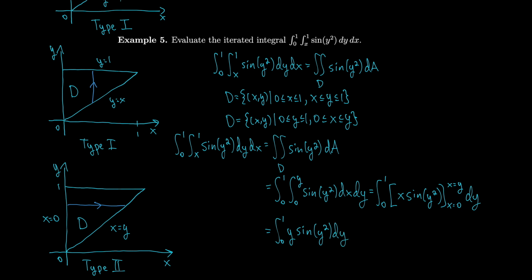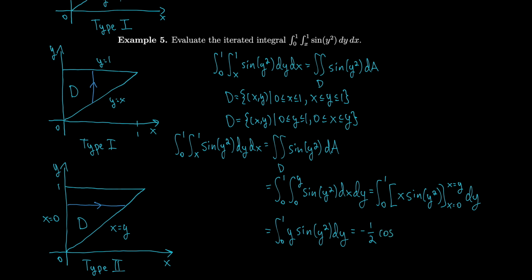But at this point, you're probably saying again, trying to catch me, hey, this is a mess, but it's actually way better now that we have that y over there, because now we can do a u substitution. Let u equal y squared, du is 2y dy. So all we have to do is throw in a minus half, and we can integrate that as sine of u, which is cosine.